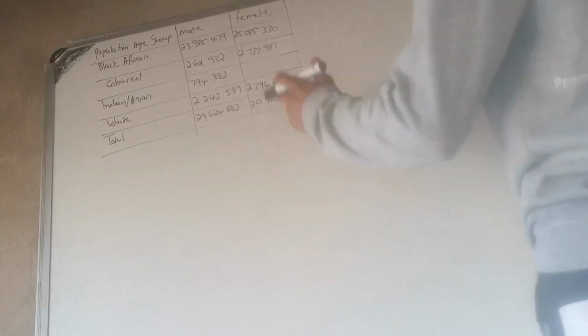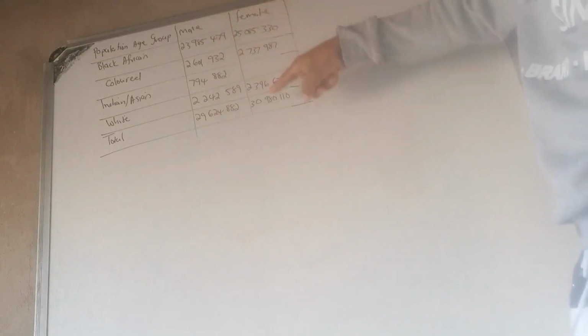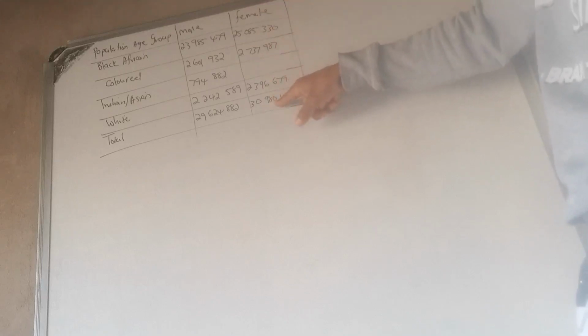Now the question says, use the information above to answer the questions that follow. In 1.2.1, calculate the number of Indian Asian females, because the males are provided, the females are not. We know the total sum of these values is 30,980,110, and we don't know this value.